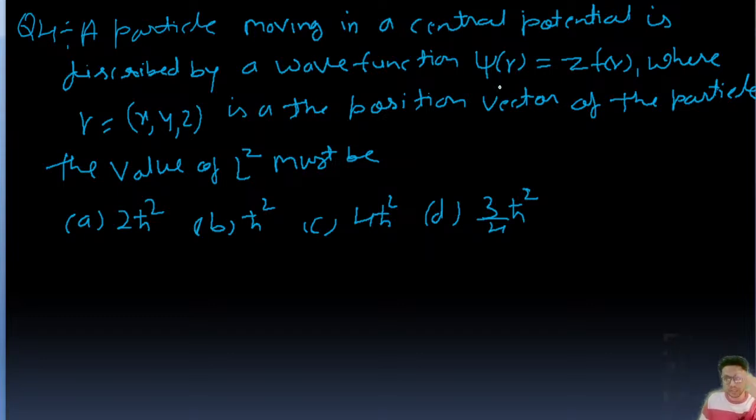The particle is under the influence of a central potential, is described by a wave function, and the wave function is given. And r is the position vector of the particle, which is given.